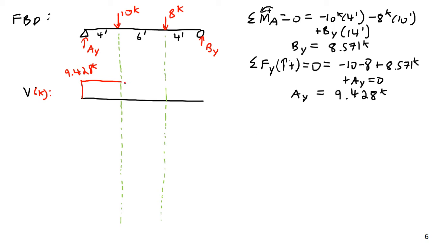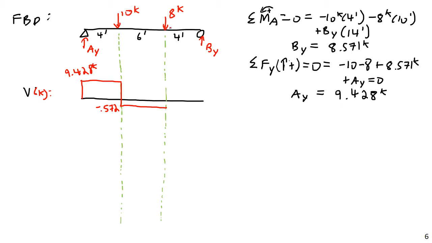Then I have a downward point load that's going to cause the shear diagram to drop, and it's going to drop by 10, and that'll cause it to drop down to negative 0.572. Then there is no applied load between here and here, so it's going to remain constant.